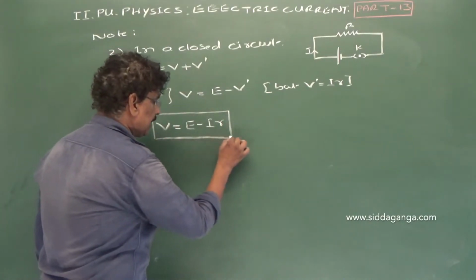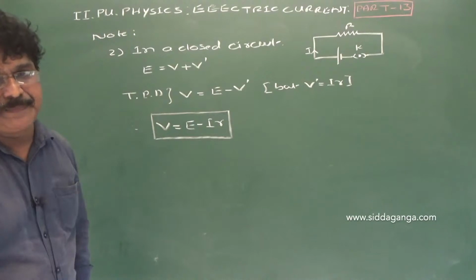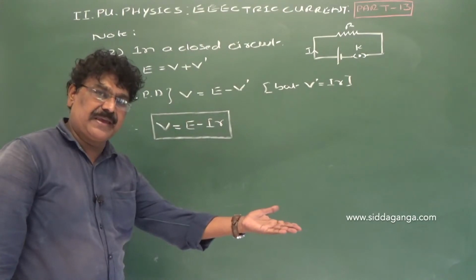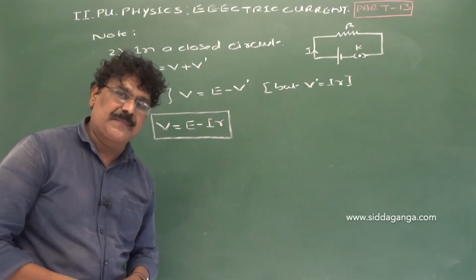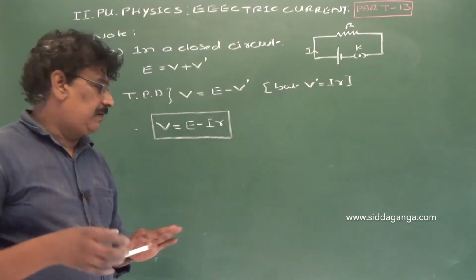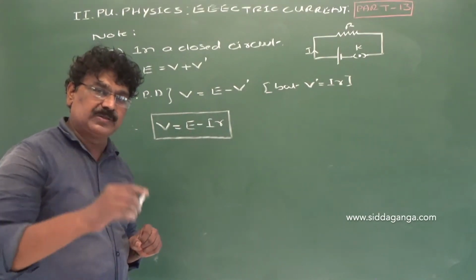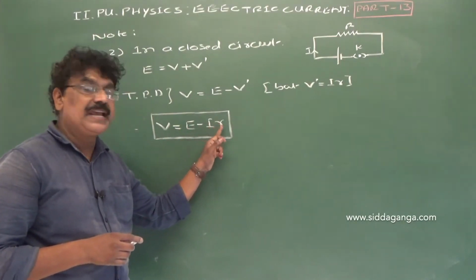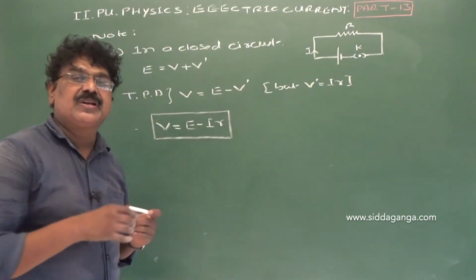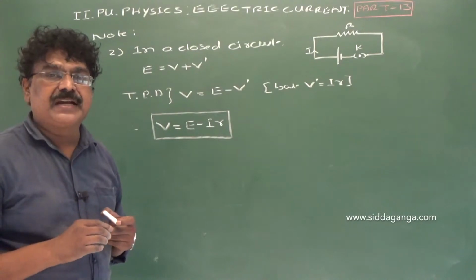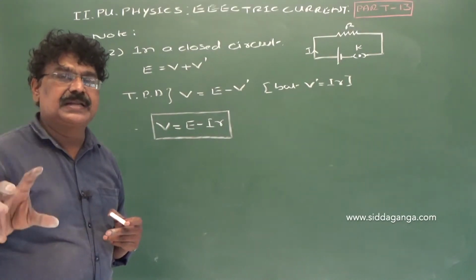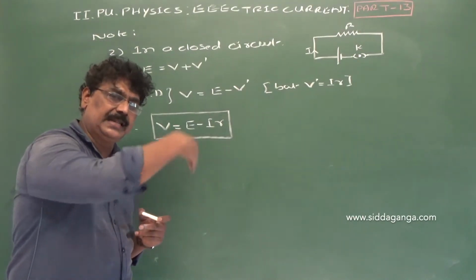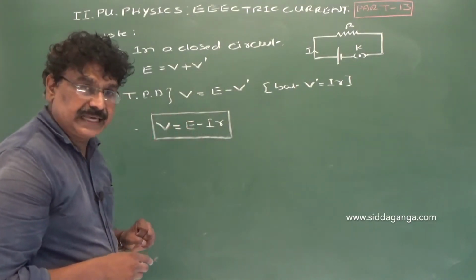So, terminal potential difference of a cell is given in terms of one equation which we have derived, V is equal to ER by R plus R. Another equation for terminal potential difference in closed circuit, V is equal to E minus I into R, and this equation is used to find effective EMF and effective internal resistance of a combination of different cells. That is the next topic, right? Now this is the equation.